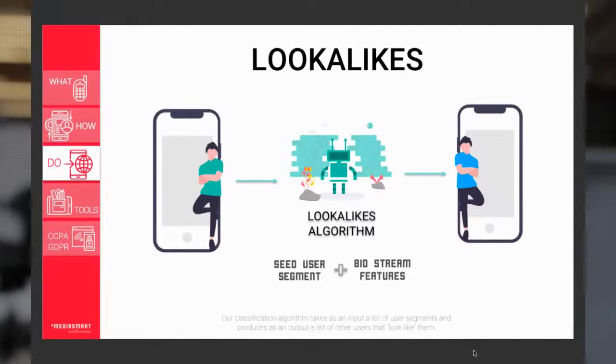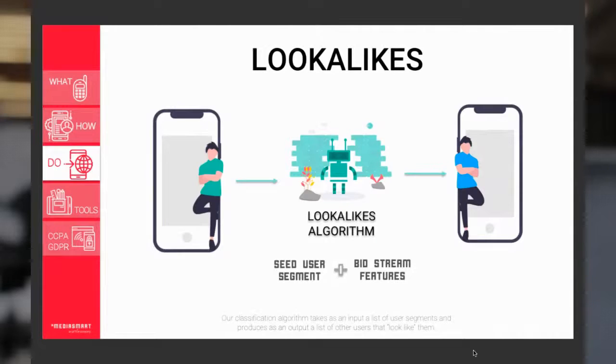So you first group these devices, these people that you know are your ideal customer, which is called the user segment. And a lot of DSPs, again, we're not only talking about MediaSmart, but there are other DMPs and data providers that can build these lookalikes based on their own algorithms.